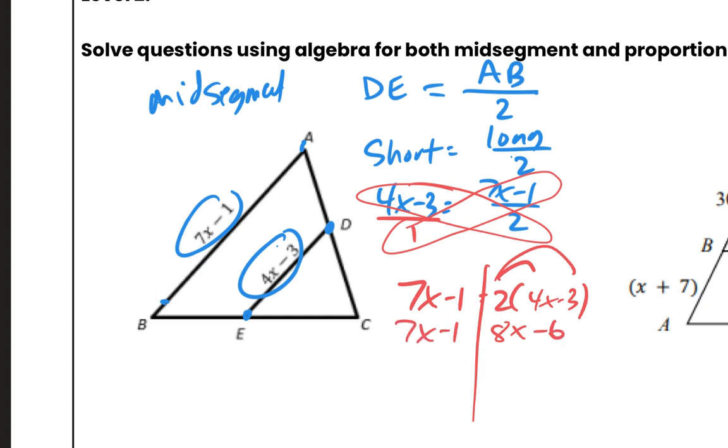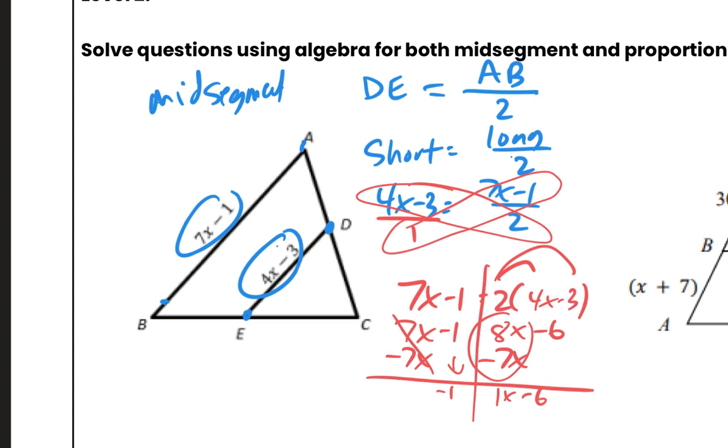Okay, so now that may look easier for you. Let's get our variables together. I can move this variable over here, or I can move the numbers over here. But let me just move the 7x over there. I'm going to subtract 7x from both sides. The x's go away on the left, and it brings down the negative 1. 8x minus 7x is just 1x minus 6.